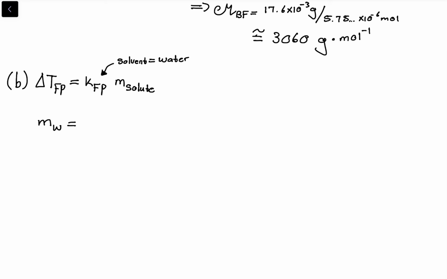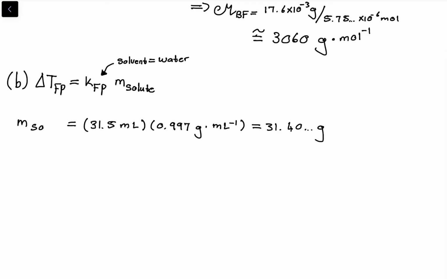The mass of the water is equal to the 31.5 milliliter, and we know what the density is, 0.997 gram per milliliter. It's 31.40 gram. This is not the mass of the water, it's the mass of the solution. That's why I confused myself. So the mass of the solution is that.